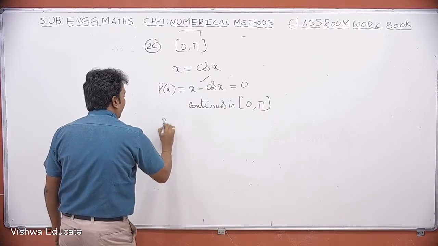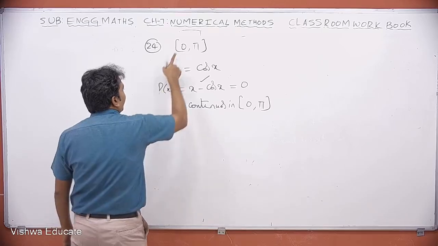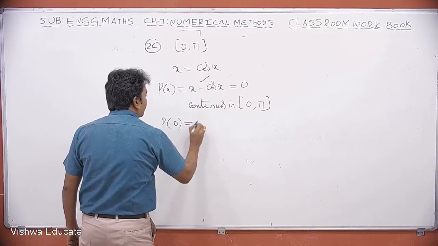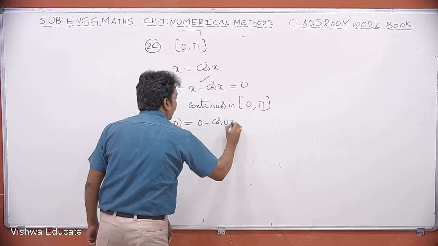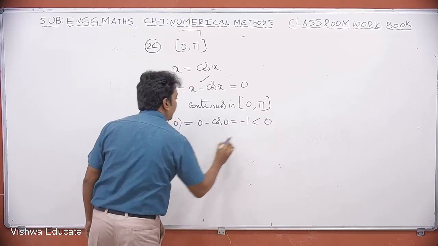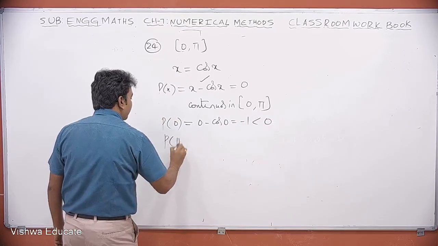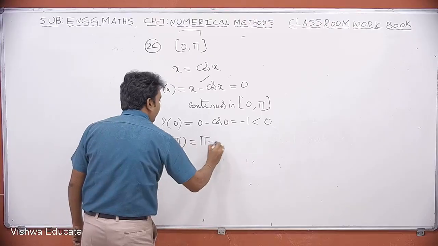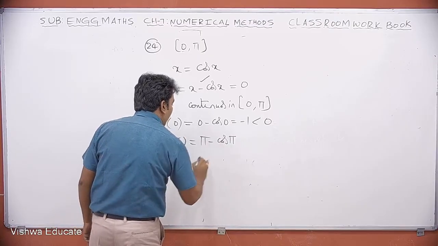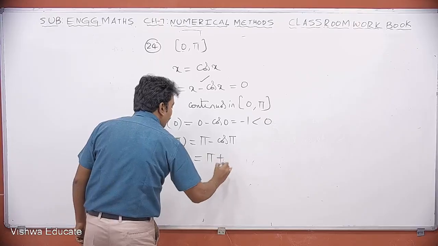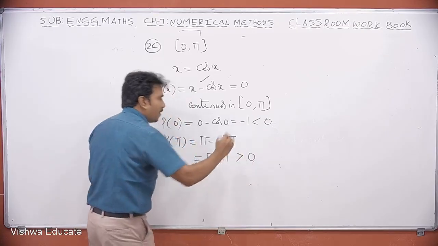Now let us calculate P of 0, that means the function at the endpoints. P of 0 is 0 minus cos 0, which is minus 1, negative. P of pi is pi minus cos pi. But cos pi is minus 1, so this becomes pi plus 1, which is greater than 0.